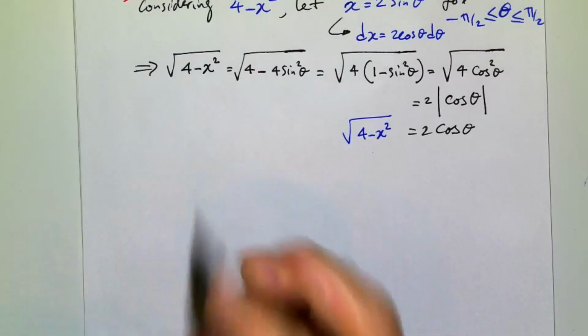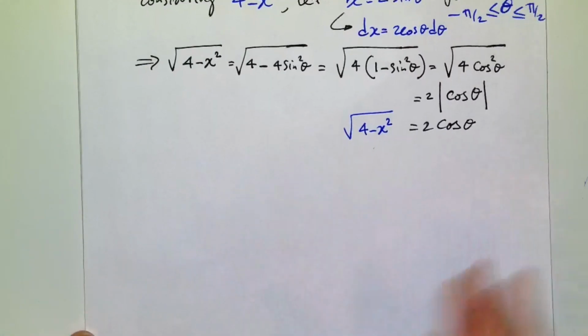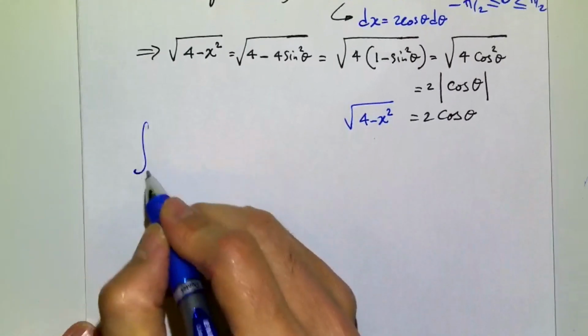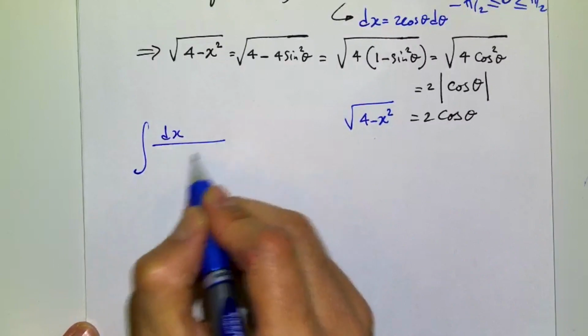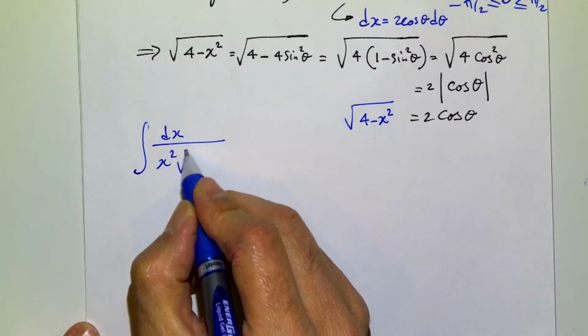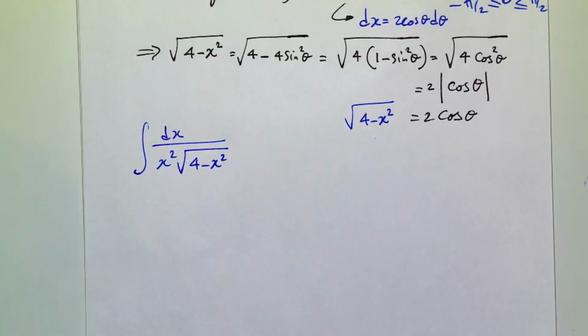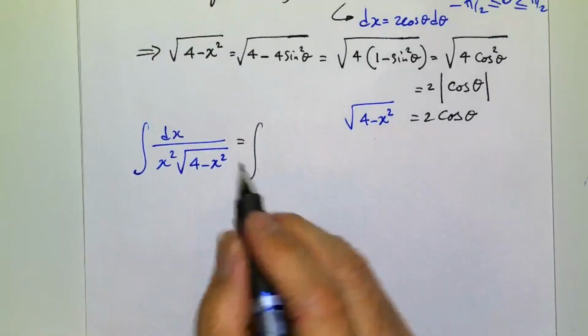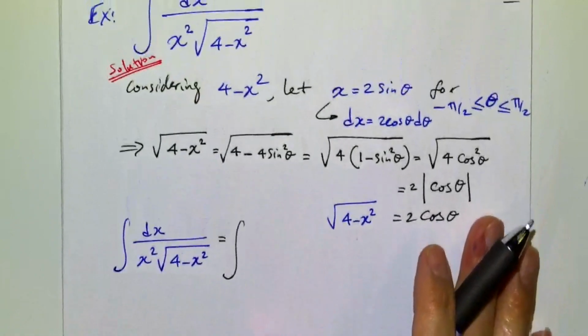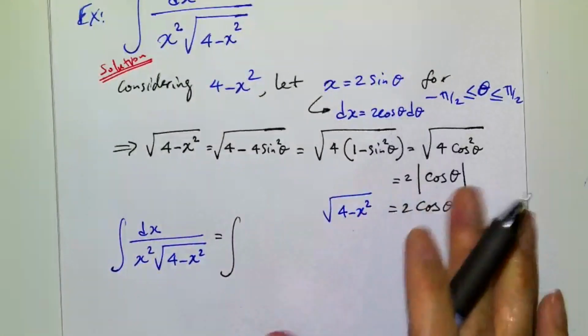So, I can rewrite the expression here so you can see it. We start with dx over x squared square root of 4 minus x squared, and dx is 2 cosine theta d theta.